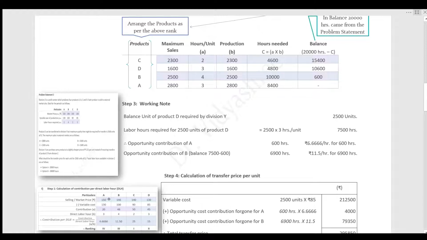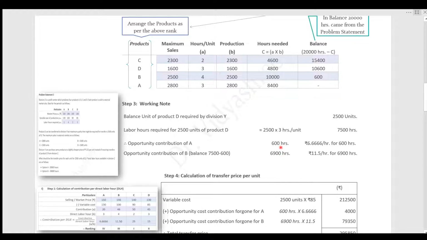Okay. When you are taking the product A, observe very carefully. In product A, as I told you, only 600 is left out here. See, 600 is what is used here. Other things they don't have, because for A product only it is shortage. They have only 600.